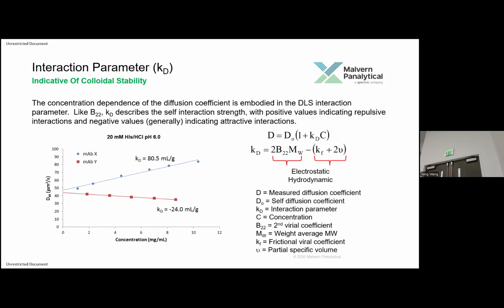And so you can look at not only the B22 measurement, but you can also understand KD. KD will tell you about the repulsive or attractive interactions within your sample. If you have a positive KD, that means your sample has a little bit more stability than with a negative KD.